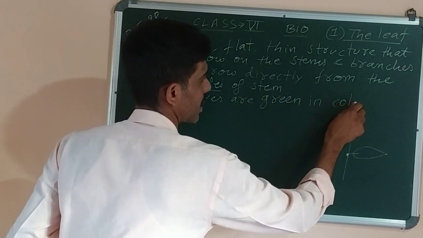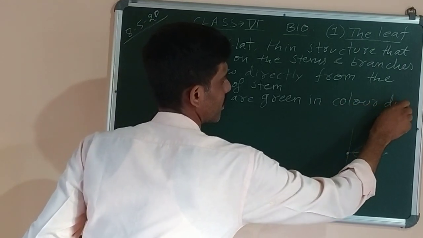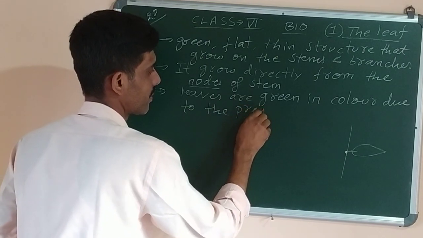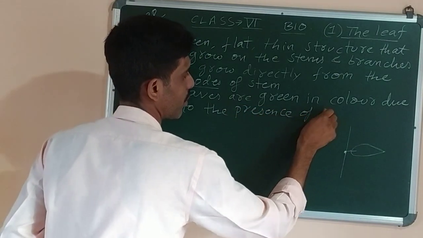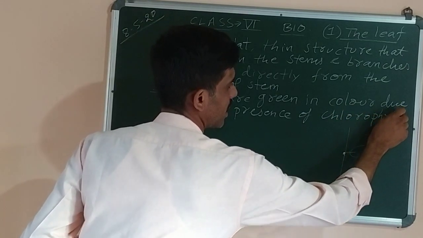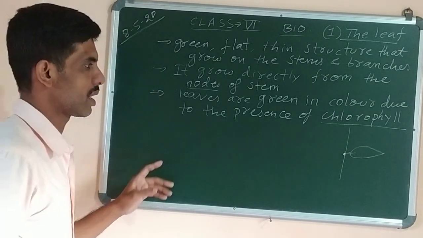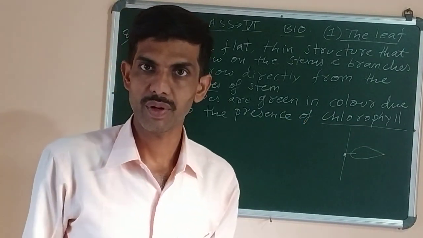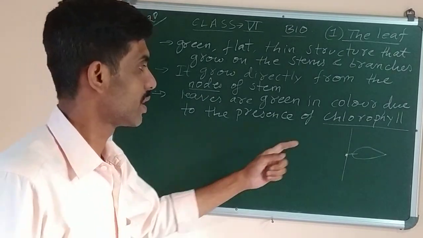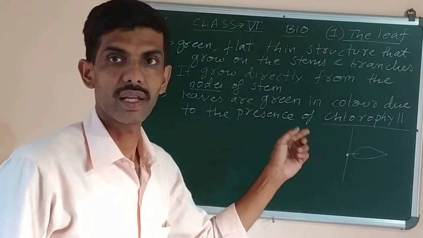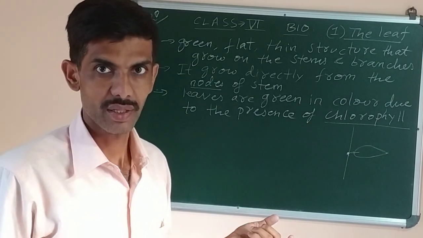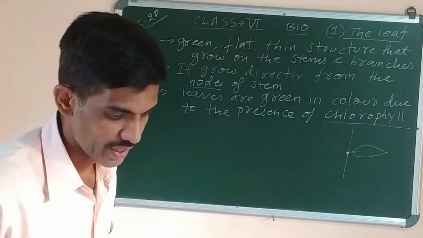Leaves are green in color due to the presence of chlorophyll, and this chlorophyll is a pigment which gives color to the plants, the green color. What is chlorophyll? It is the name of the pigment which gives green color. And due to this chlorophyll and the green color, the leaves make food for the plant. So that's why they are called kitchen of the plant, isn't it? That is the place where food is prepared in the plants.